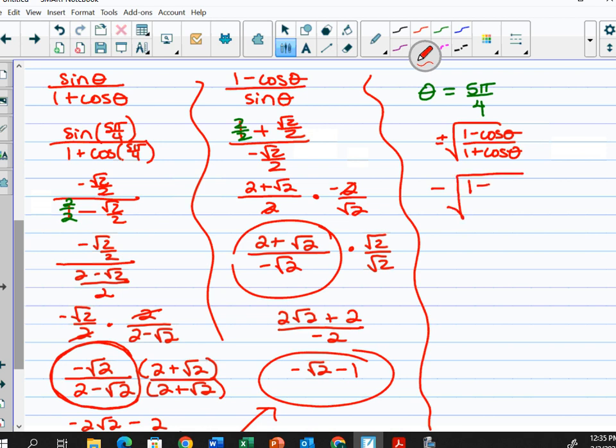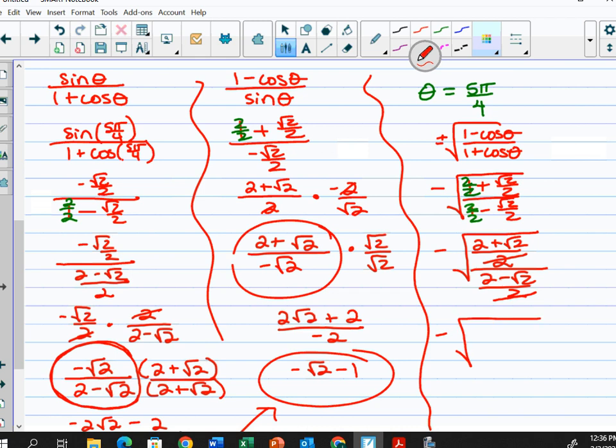Our theta was 5 pi over 4, so I end up with 1 plus root 2 over 2 over 1 minus root 2 over 2. 2's everywhere. Do we see that these 2's are going to cancel? If I flip and multiply. Guys, this one I will not make you rationalize, because you have a radical in a radical.